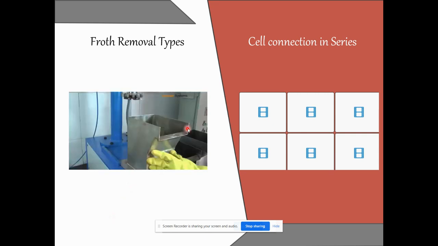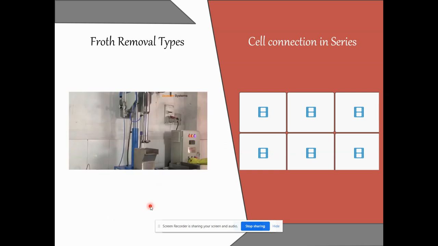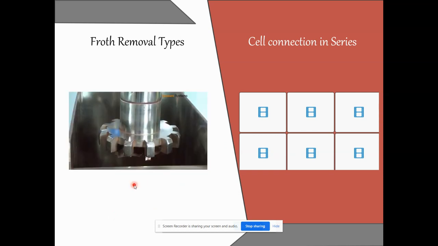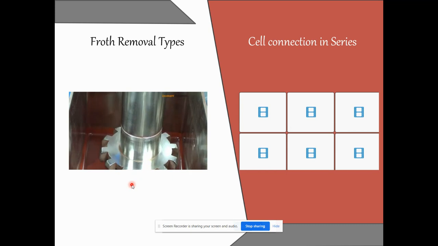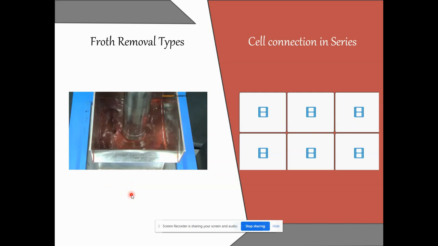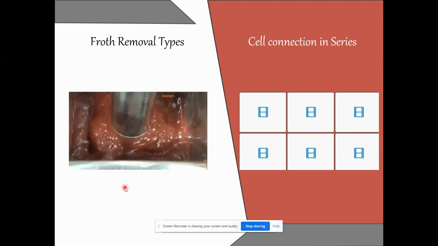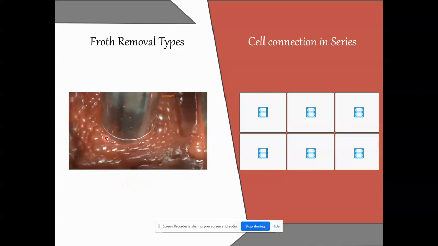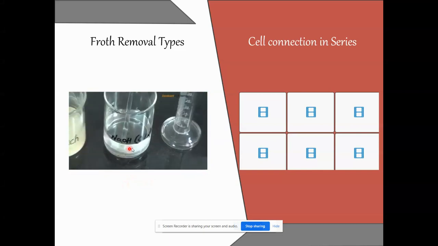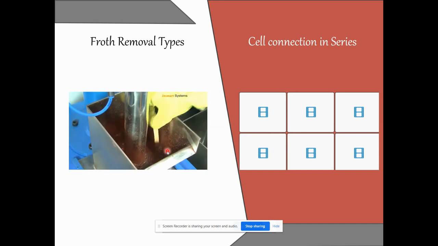Water in the test tube is added. The machine is then started and lowered down, and the part is rotated to create agitation in the mixture. As we can see, bubbles are being formed.